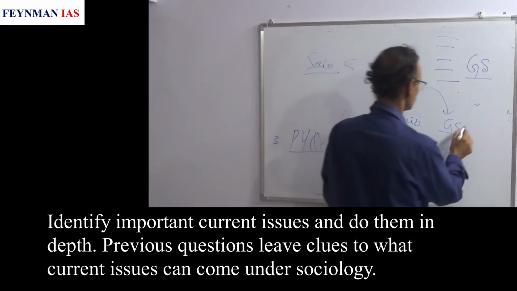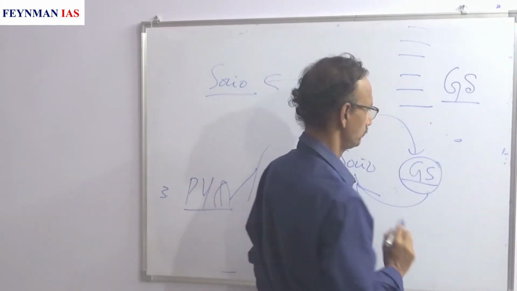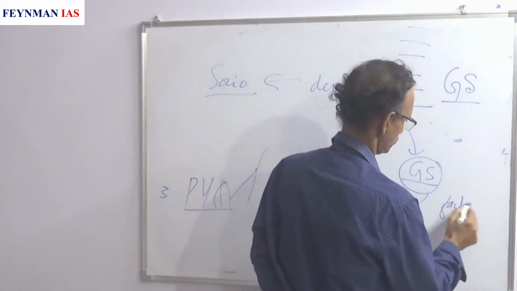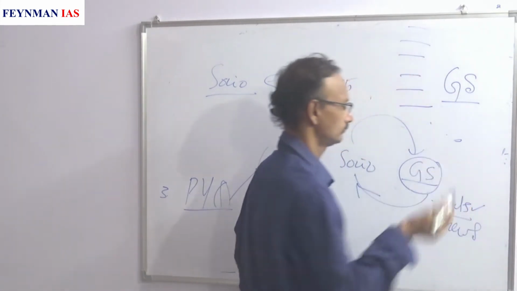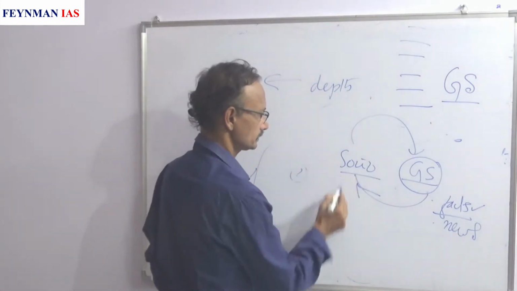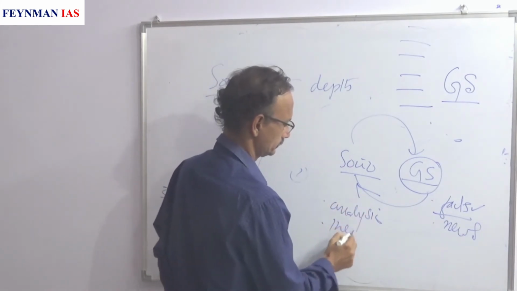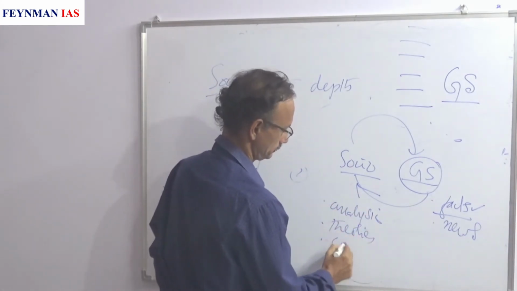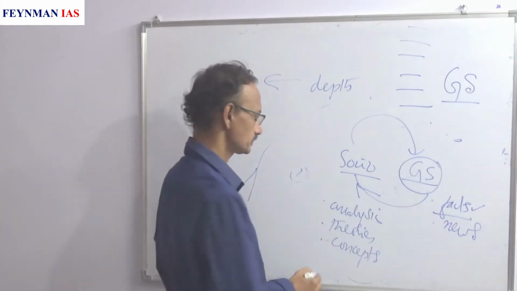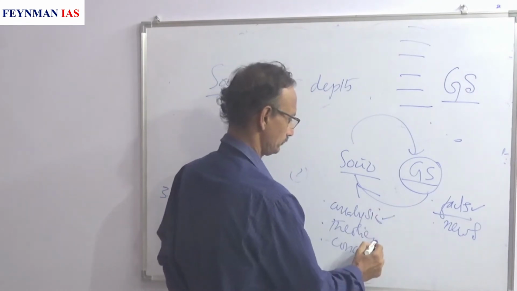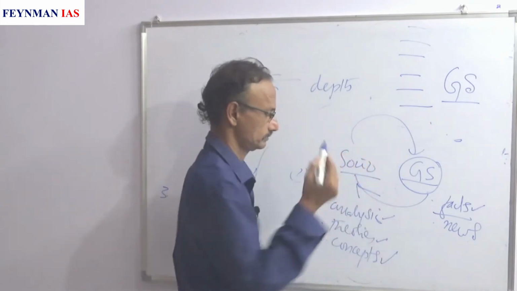The link is that GS, even if you don't study in depth, gives certain facts, gives certain news, whereas sociology gives analysis, theories, concepts. So from sociology textbook, you get a perspective, theories, and certain definitions of concepts.